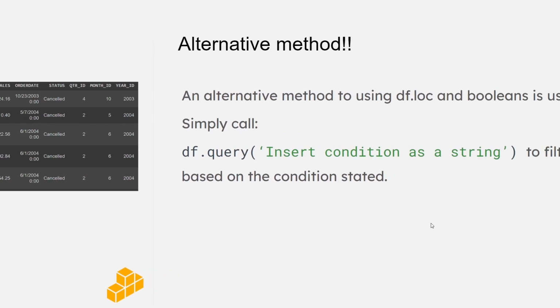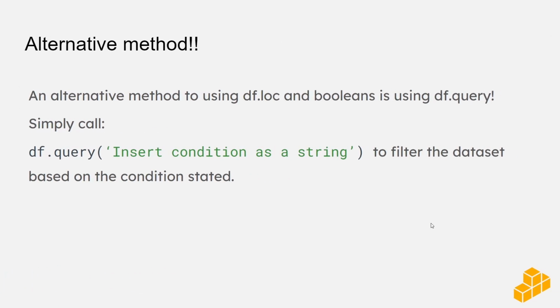There's an alternative method to this, called .query. Those who have done SQL before might find it a bit familiar. A query is basically searching for something in that data set.